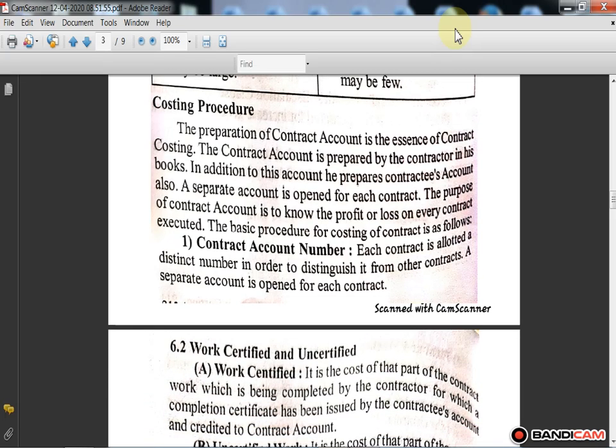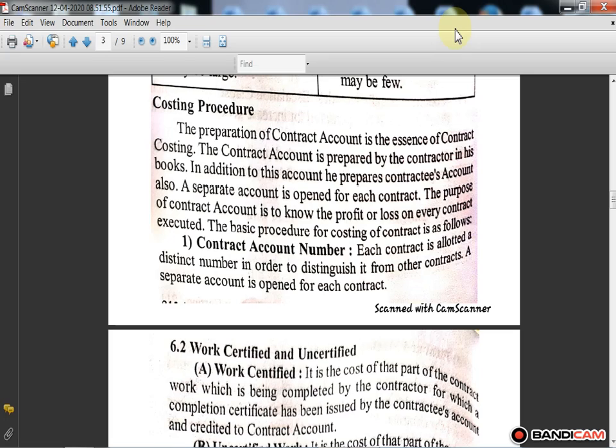Each contract is allotted a distinct number in order to distinguish it from other contracts. A separate account is opened for each contract. So a separate number is given to each contract.